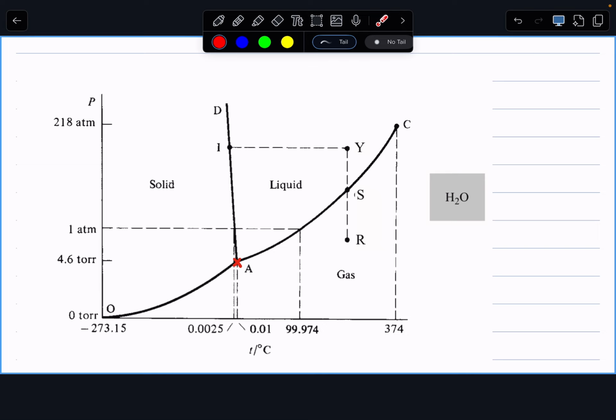And what about along the lines of my phase diagram? For example, if we're looking at the line of AD, that's our phase equilibrium between my solid and liquid phase, or that's the melting of your solid, or the solid-liquid equilibrium.